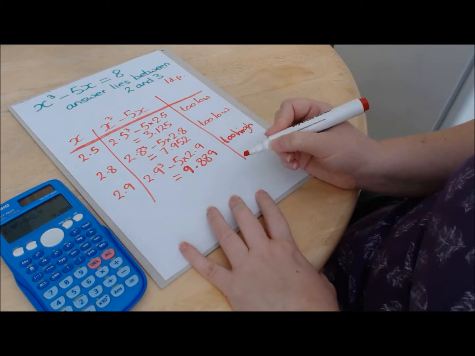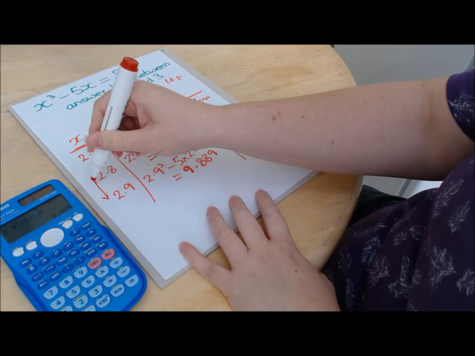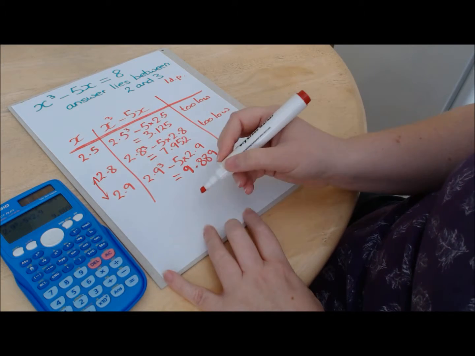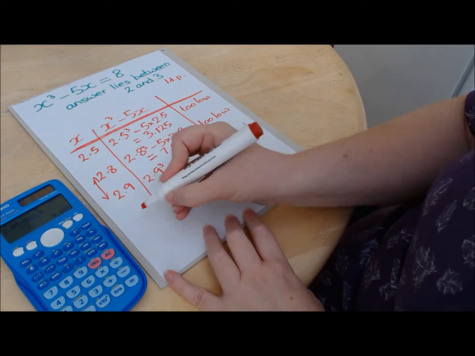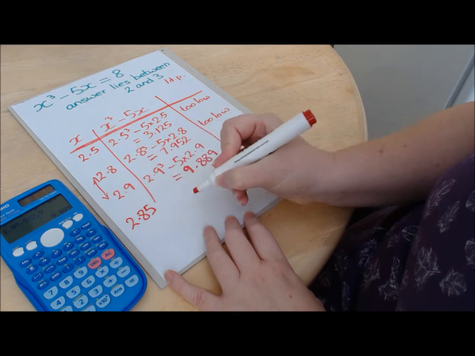So we've got to this desirable point again where we know that it lies somewhere between these two numbers. So we're just going to work out and prove which one it is closest to by going halfway. So that's 2.85.